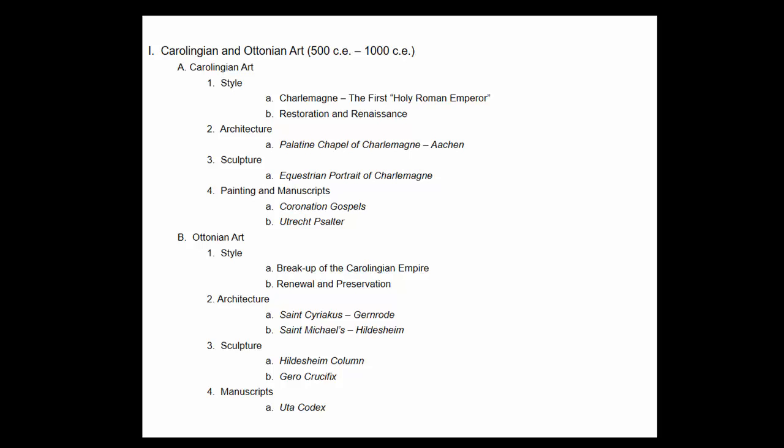Charlemagne was a Frankish, that's F-R-A-N-C, or sometimes spelled F-R-A-N-K. The Franks were a people who lived in Central Europe, in what is today Germany and France, and he was a Frankish king who tried to reestablish the dominance of what had been the northeastern quadrant of the Roman Empire, centered in what is today Germany.